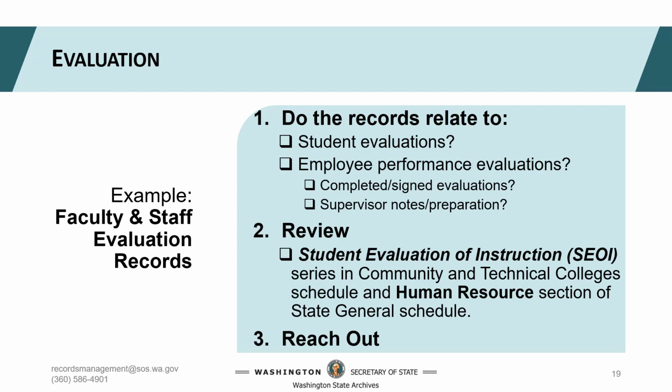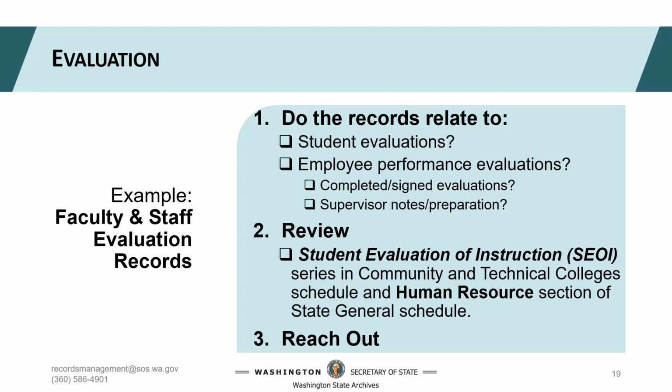You'll find a Human Resource Management section in the table of contents of the State General Schedule. Control F the State General Schedule to run a search on the keyword evaluation or evaluations. Browse the subject index with the same keywords in mind to locate the appropriate record series.